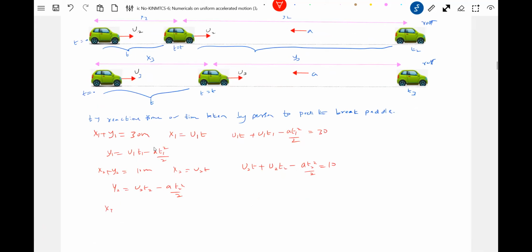Similarly, X3 plus Y3 is equal to how much? This we don't know. This has to be determined. X3 equal to U3T, substituting this in that equation, U3T plus U3T3.